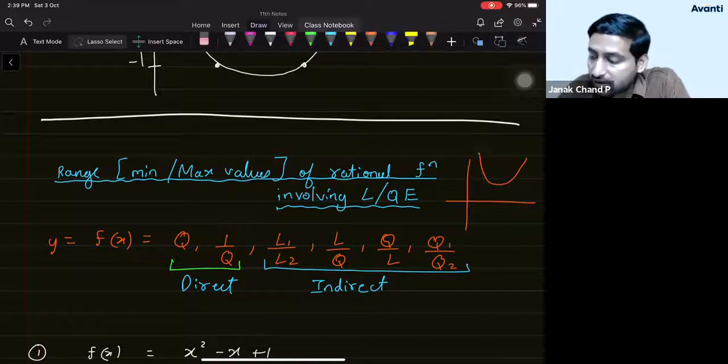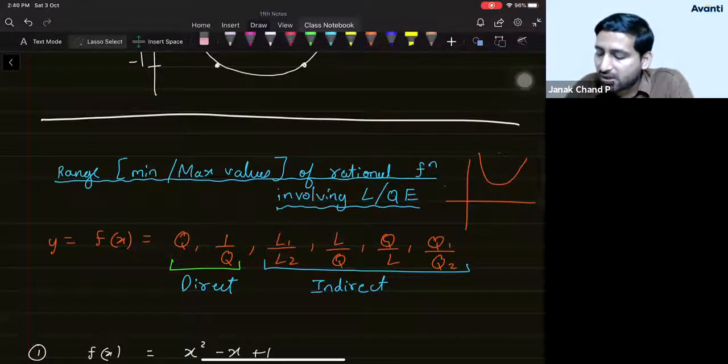So if I ask you, student, for this graph, what is the collection of all the possible values of y, you will say that y will be all the values starting from this minimum value up to infinity. Yes, because for all those values on the y-axis, the perpendicular cuts the graph. Okay, fine. So basically we just have to find the minimum and maximum value.